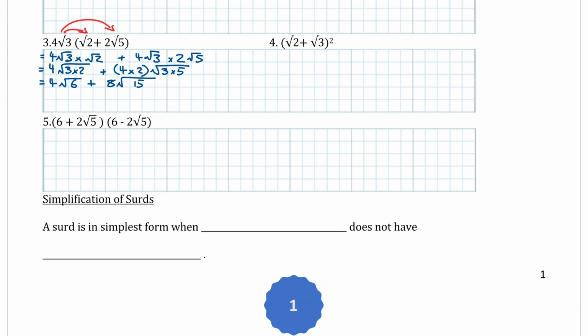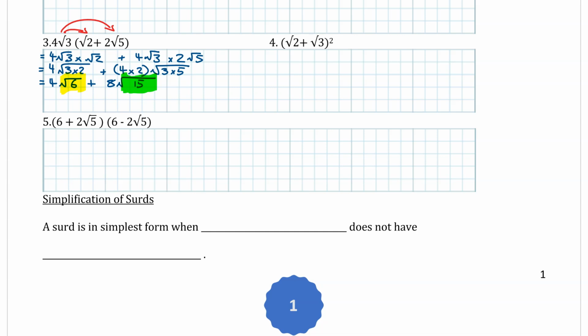And notice that the root 6 and the root 15, they're not like, so they can't be added together. So this is as simple as it's going to get in this particular example here.